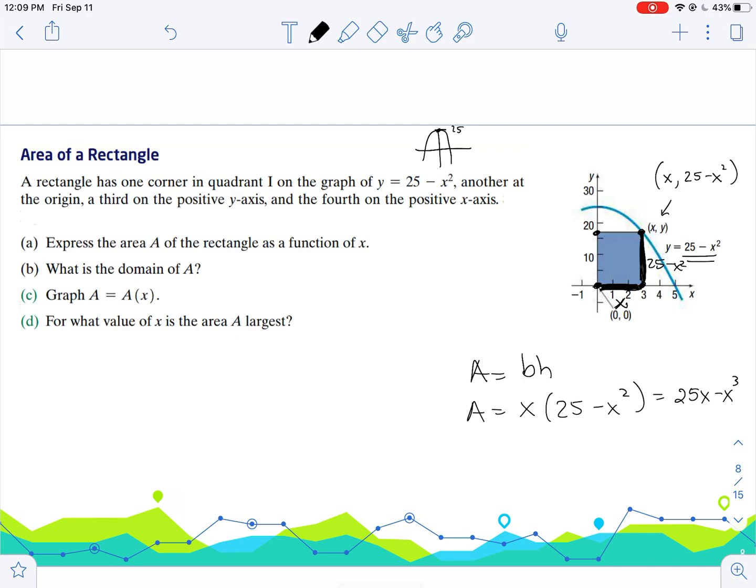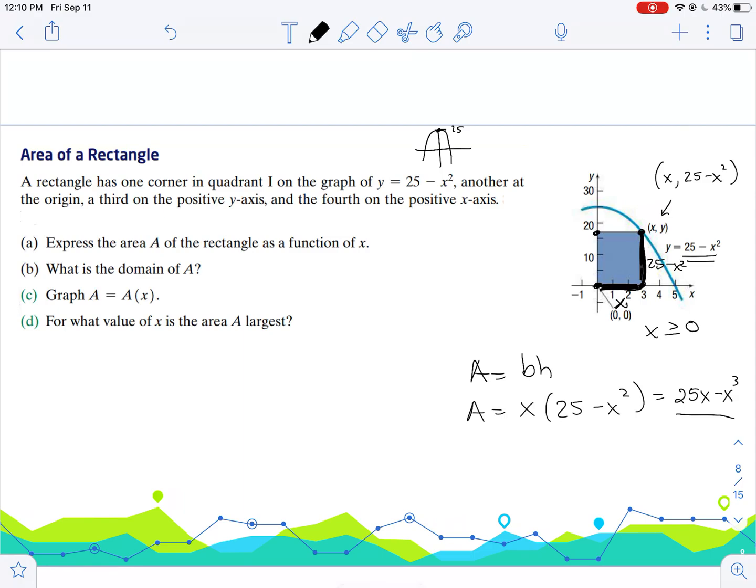What is the domain of x? Well, it's a cubic. What's the domain for a cubic function? Well, typically it would be all real numbers. But this time we're talking about the area of a shape, right? What has to be true about the sides of a shape? Well, the sides of a shape can't be negative.